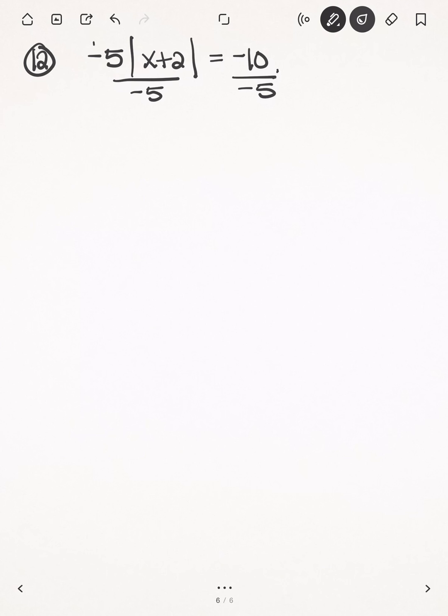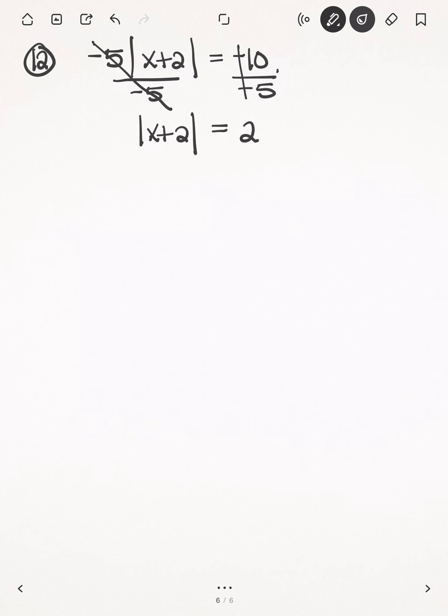Why? That gets rid of those right there. And what's left over? I have the absolute value of x plus 2 equals, what happens over here? I had a negative 10, but if I divide by negative 5, my negatives cancel out. And I have 10 divided by 5, which is 2.